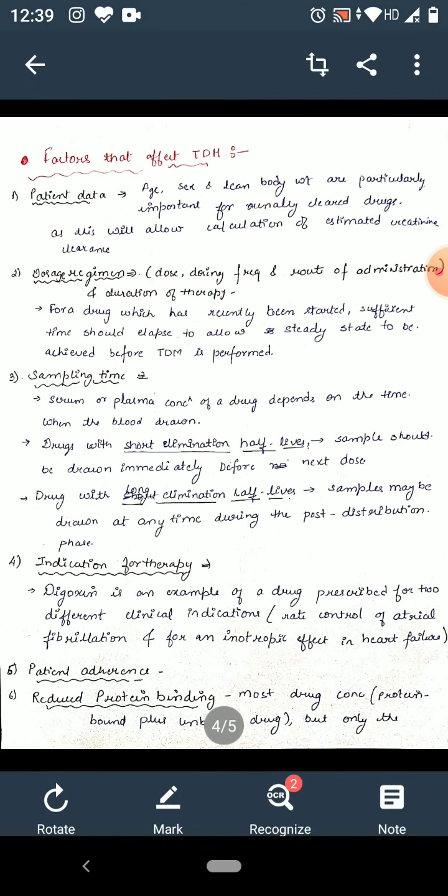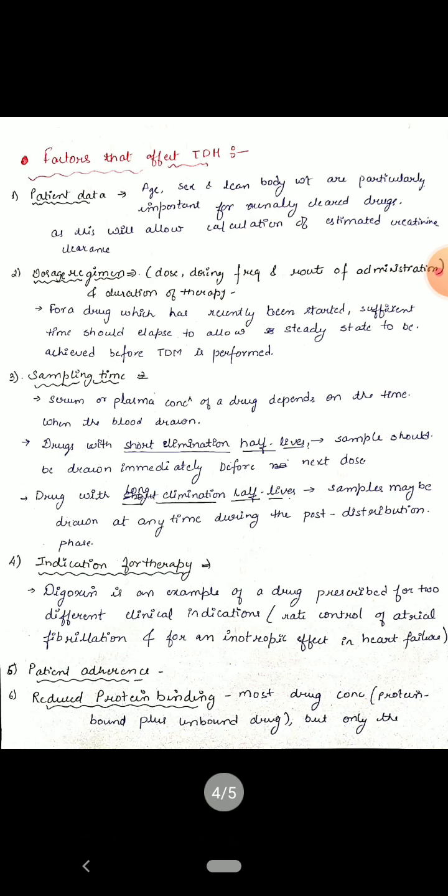Next is the indication for therapy, for which the drug is being taken. Digoxin is an example of a drug prescribed for two different clinical indications, like rate control of atrial fibrillation and inotropic effect in heart failure. So it should be defined for which indication the drug is being given.